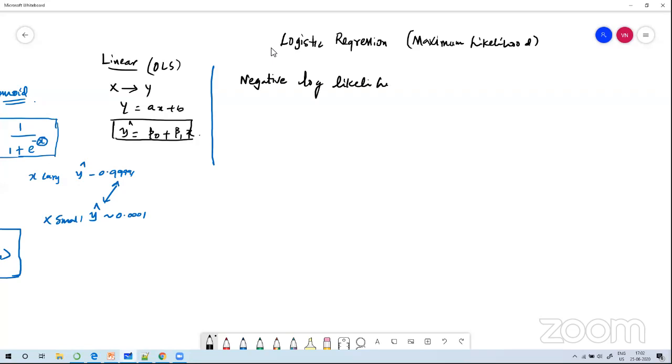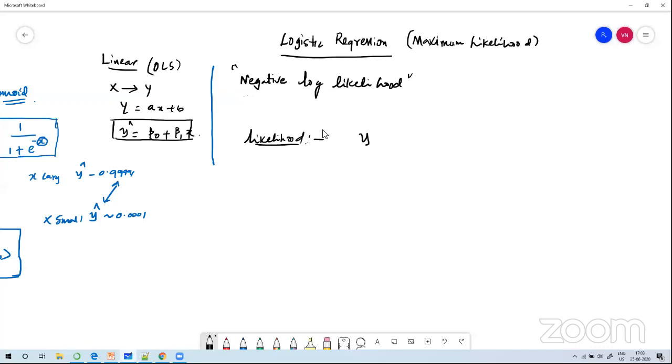So if someone asks, hey, what's the cost function that we use in logistic regression? The cost function is negative log likelihood. Okay, negative log likelihood is very tricky to understand for beginners. So I would give you the likelihood equation and we would stop with likelihood itself. As you read more about it, then you can easily understand what the negative log likelihood is.